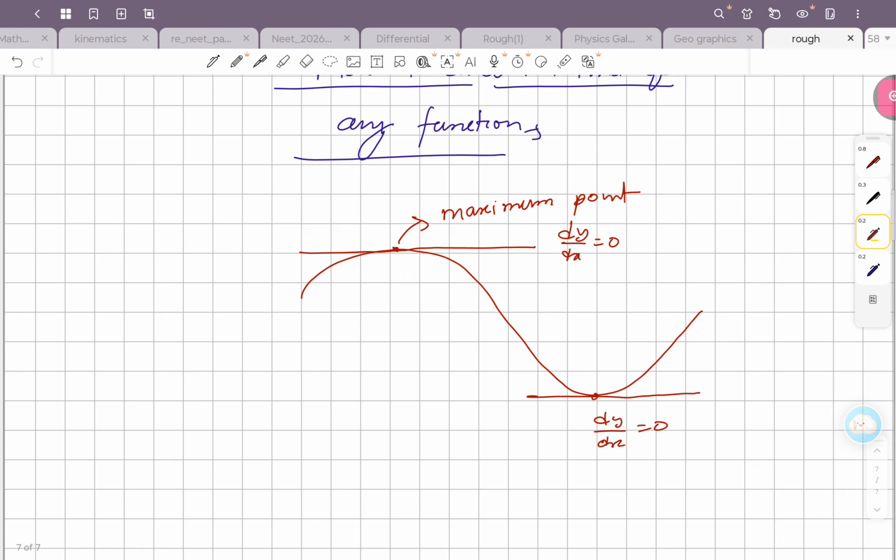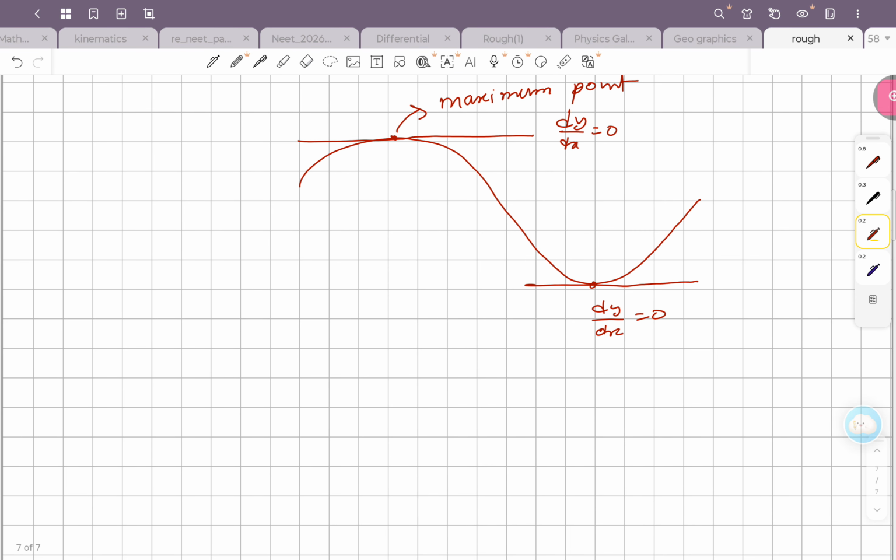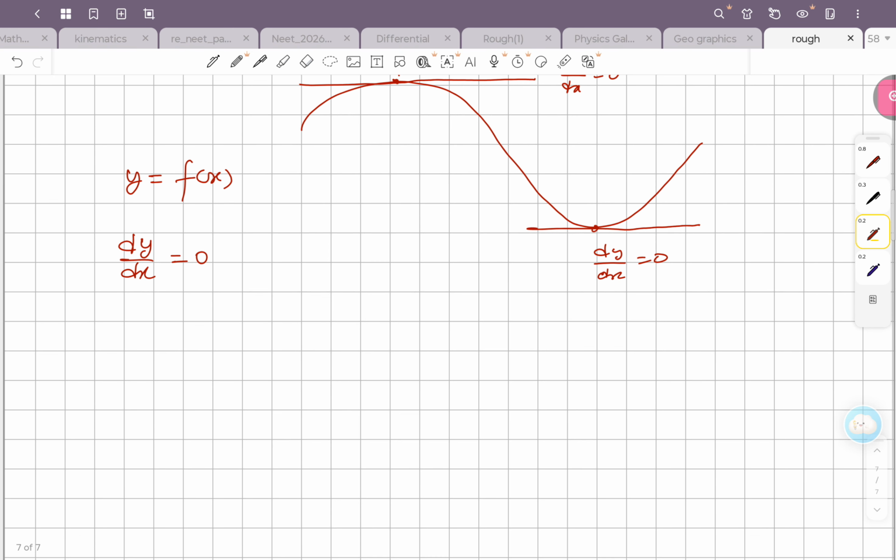It means that if you are given any function, you can find its differentiation, put it equal to 0, and it can decide whether at this value it is a maximum or minimum. So suppose you are given y equal to f of x, you differentiate it, dy by dx, put it equal to 0, and find the value of x.